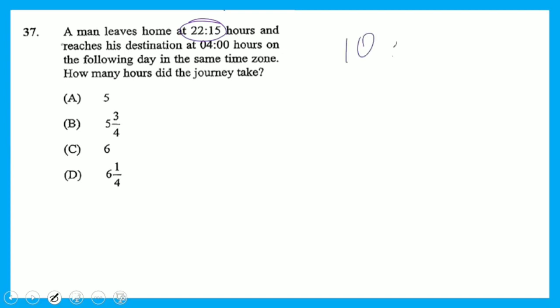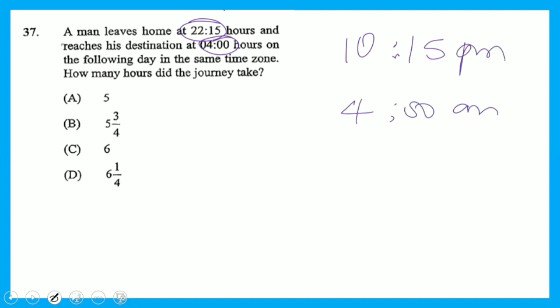That would be 10 o'clock in the night. And if you need practice on reading the 24-hour clock, you can go ahead and do so. That would be 10:15. And 400 hours is going to be 4 o'clock in the morning. Right? How many hours did the journey take?